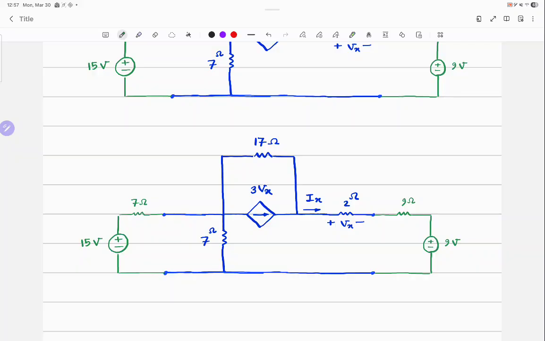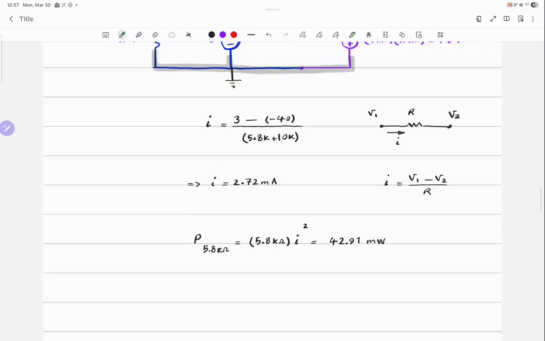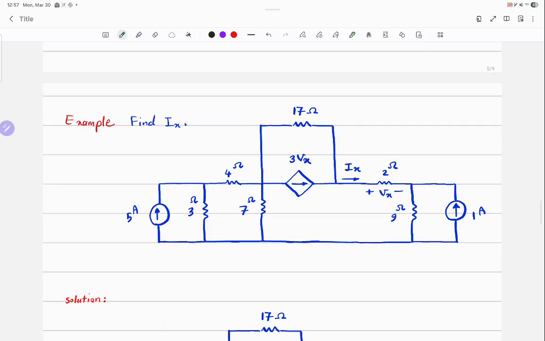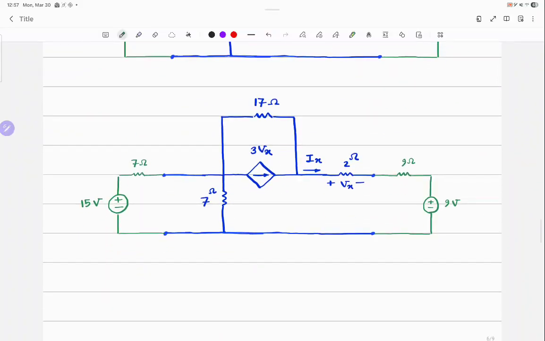What's the problem with that? You're looking for Vx, and that's, I'm looking for Ix. Well, we need to find Vx probably. Exactly, because you have a dependent source that depends on it. So better not touch that, okay? Is there anything else you see here that can be simplified?